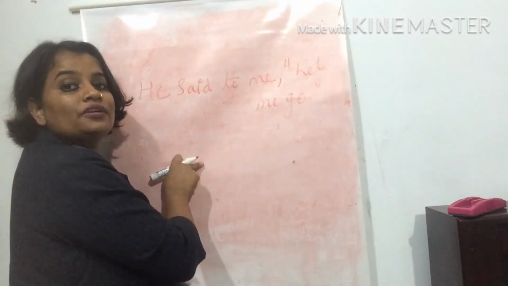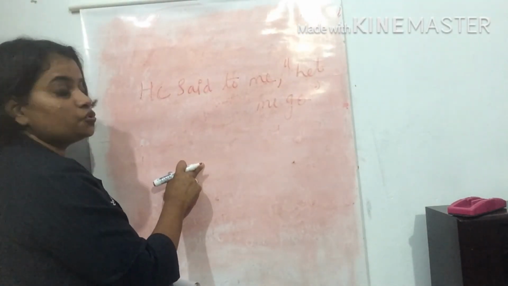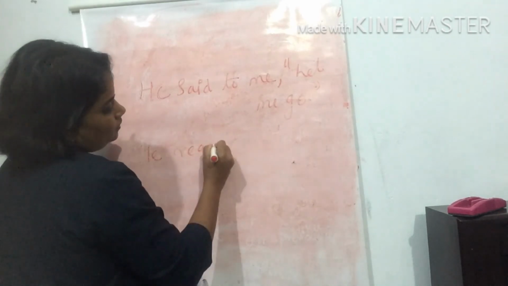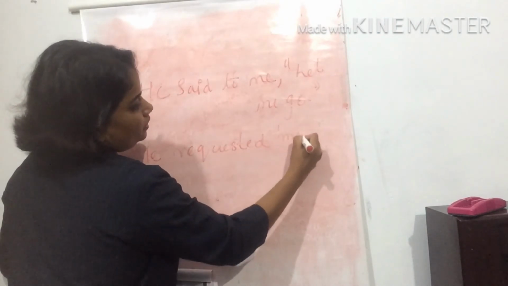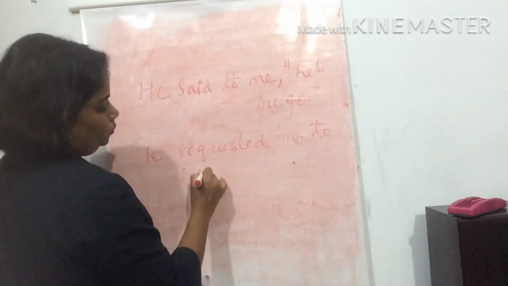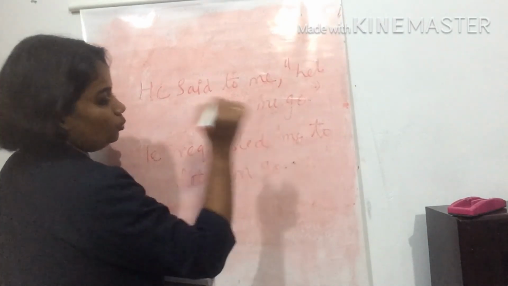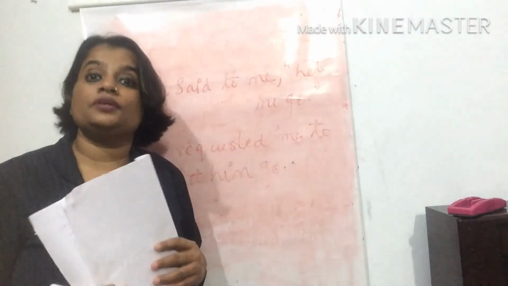So this is a kind of request. How to change this statement into indirect? He requested me to let him go. Okay, I hope you understand the imperative case.